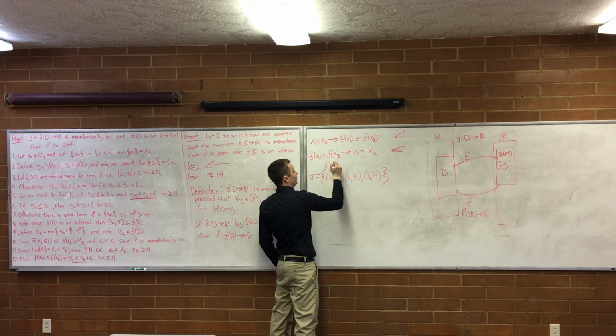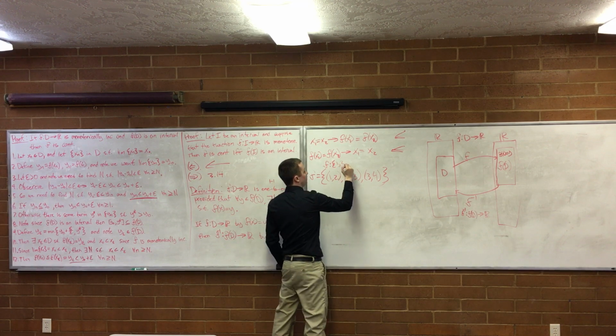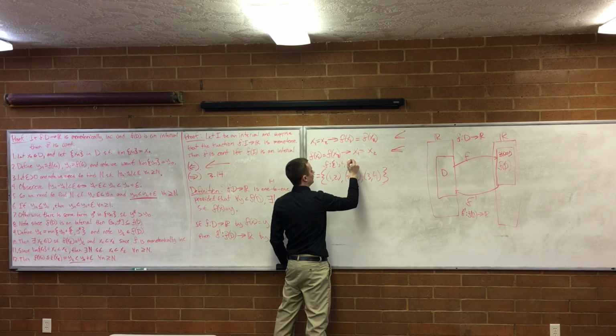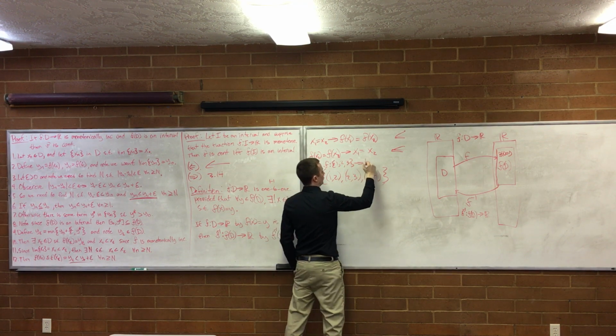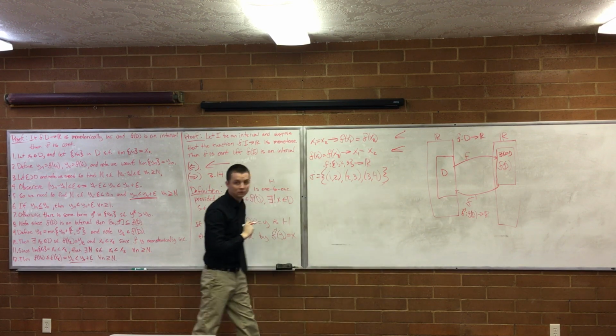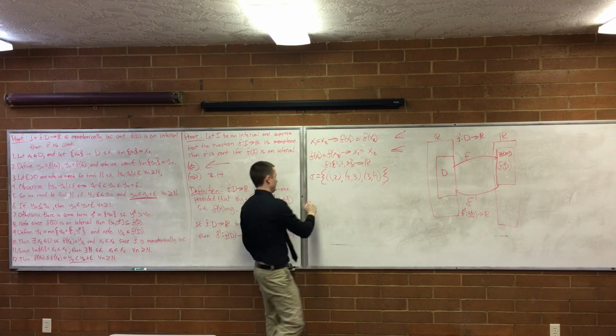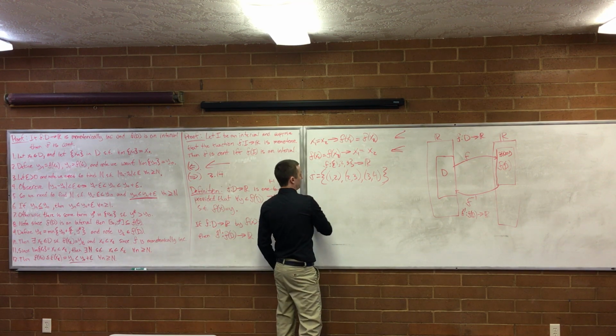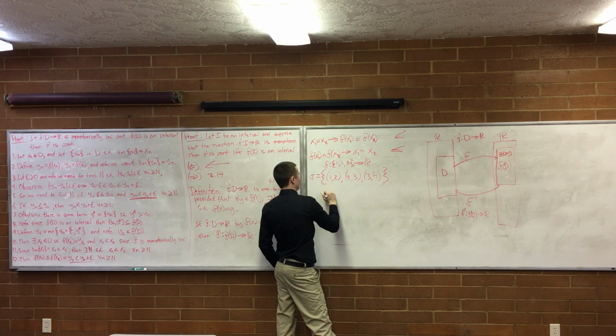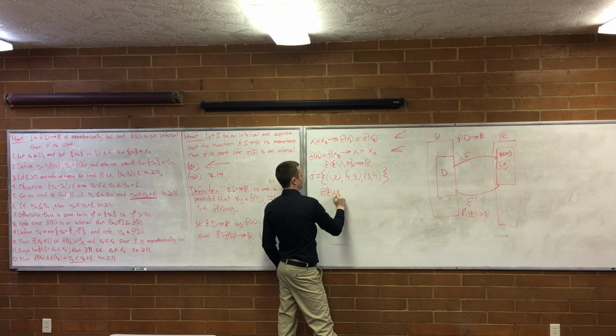F is a function from {1, 2, 3} to the real numbers. Right? Yeah. What's F inverse? Now, before we continue, what is F of {1, 2, 3}? {2, 3, 4}.